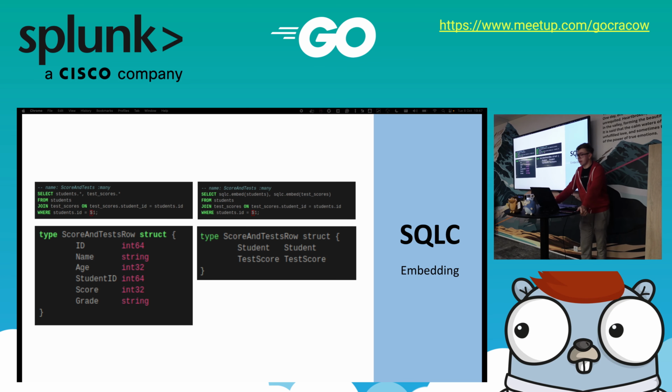Another interesting thing in sqlc that makes it closer to ORMs is embedding. In the case of ORMs, we are not worried about how our relations will be fetched. We are just saying that there is a relationship, and when we want to use our objects, we just call them, and they are there. They might be preloaded, they might be lazy loaded.